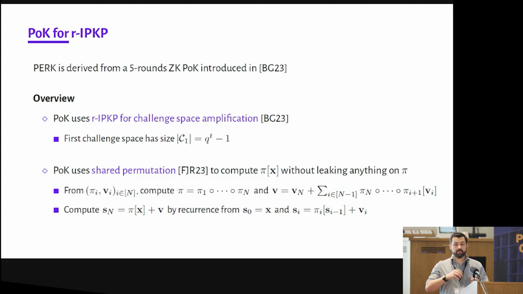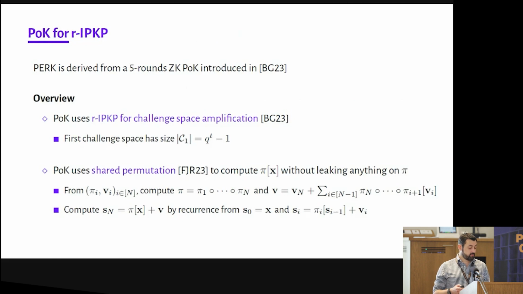The main point is that you want to decompose your permutation as a composition of the pi_i. You also have this value v computed like this. With all of this, you can now compute pi of x plus v by recurrence, starting from S_0 equal to x, and then taking S_i equal to pi_i of S_{i-1} plus v_i.